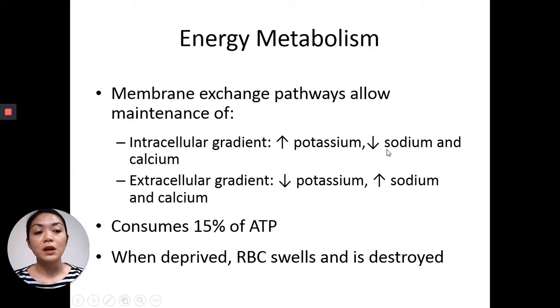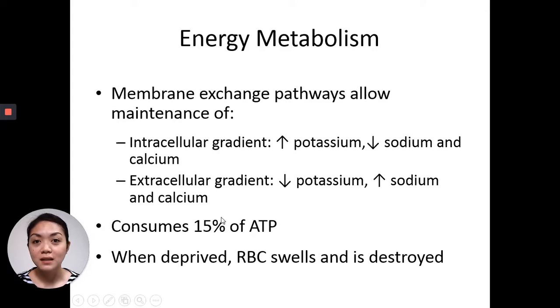So meaning, of these three ions, potassium should be pushed into the red blood cell, while sodium and calcium inside the red blood cell must be forced outside of a red blood cell. Okay? So the maintenance of this electrochemical gradient consumes 15% of the ATP generated by glycolysis.